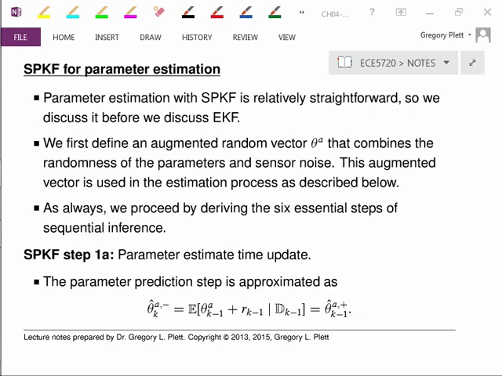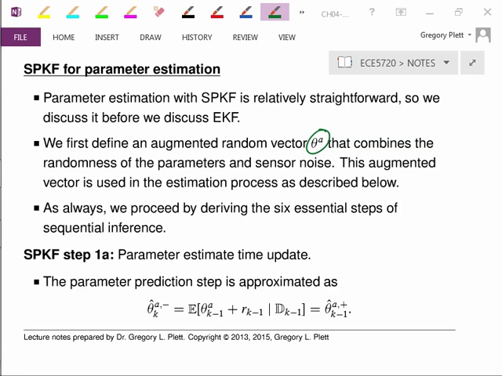And so we put together all of the randomness in an augmented vector, just like we did when we looked at augmented states before. We have the randomness of the parameters that are unknown. We have randomness of sensor noise that's unknown. The randomness of the driving process noise that's unknown, maybe.